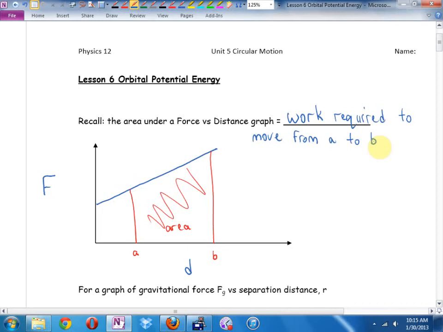And if we were, like in the work unit, always on level ground, then we also said if that's how much work it took to get from point A to point B and your potential energy didn't change, then all of that work ended up being a change in kinetic. When we put stuff in outer space, is its height going to be changing? Okay, we're going to need to revise this a little bit.